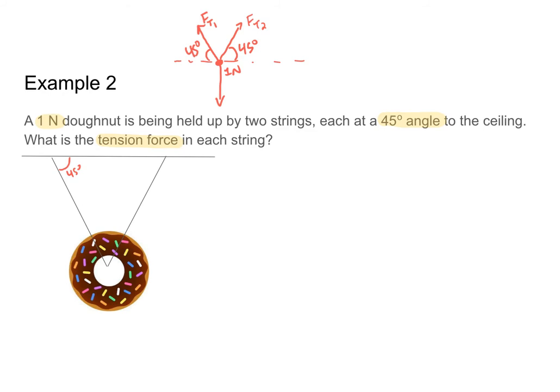I also know that my tension forces should be the same. So I'm going to go ahead and just call them Ft and Ft. The reason I know this is that they're the only forces acting in the horizontal direction. So that means that the force of my first string in the horizontal direction has to be equal to the force of my second string in the horizontal direction. Since they're at the same angle, that means that the forces in both strings must be the same.